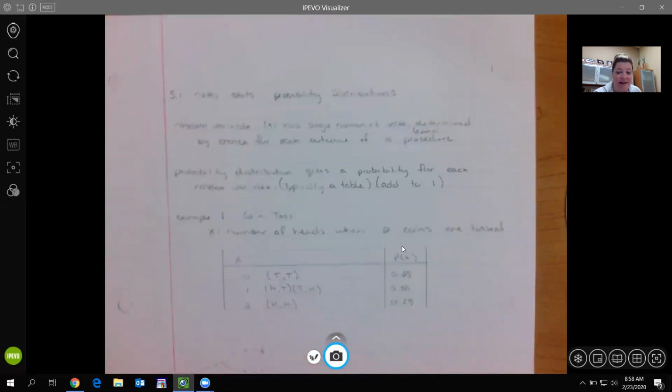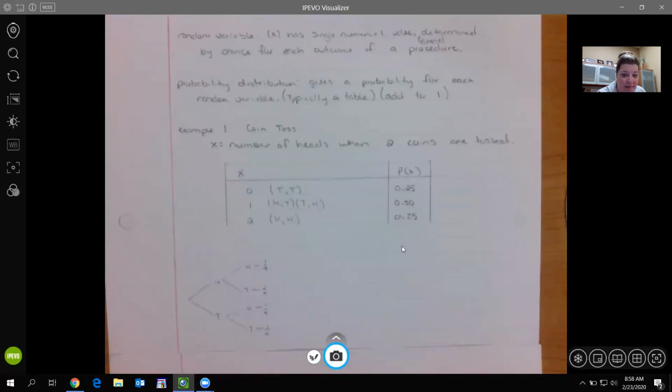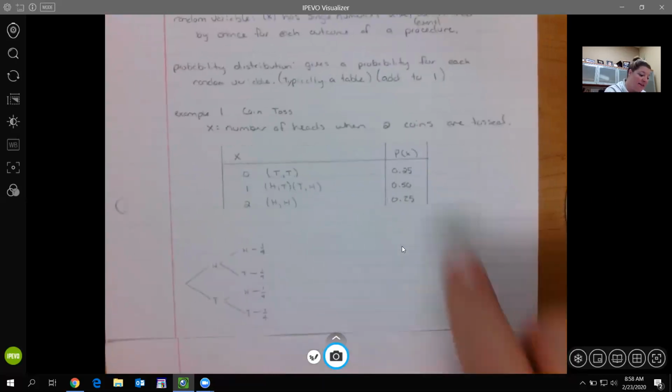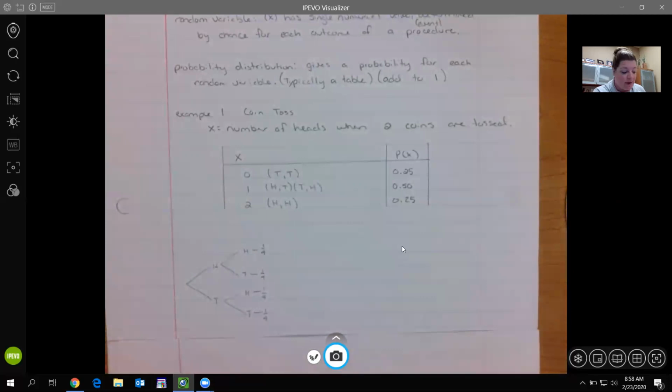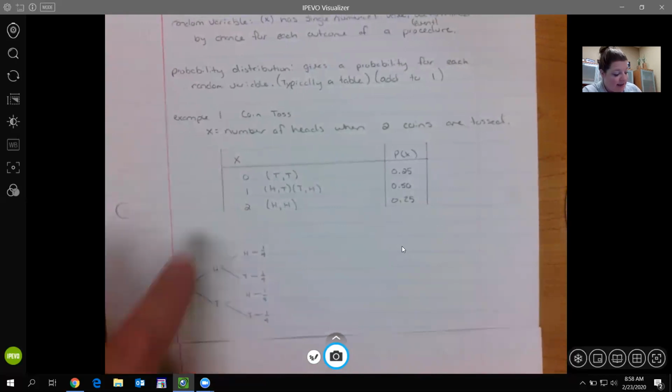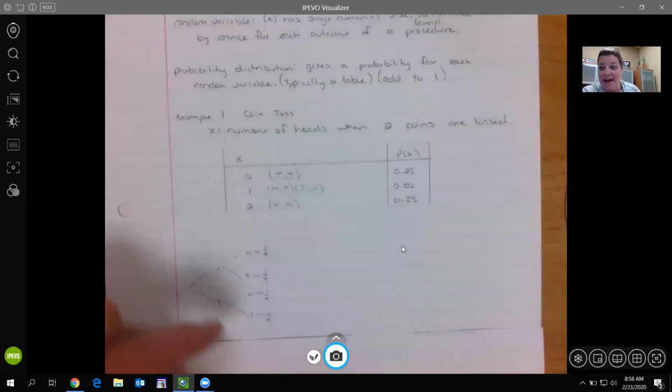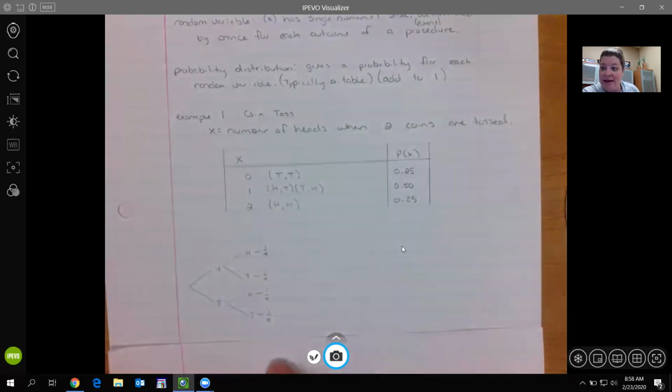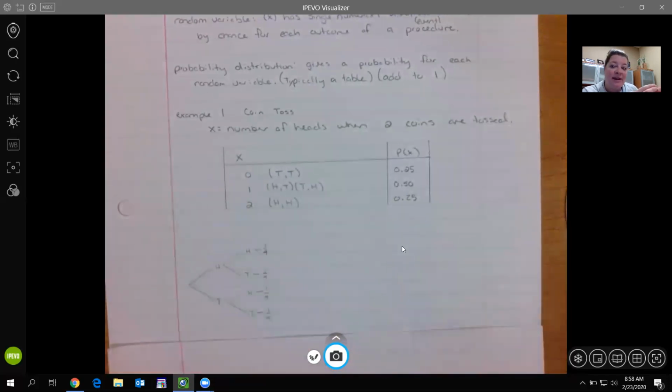Another way to think of it is on a tree diagram. So how did I get these probabilities? I thought, okay, I could get a heads or tails on the first toss, and no matter what I get on the first toss, I could get a heads or a tails on that second toss, which led me to 1/4 probability on each. But we're looking at the number of heads.